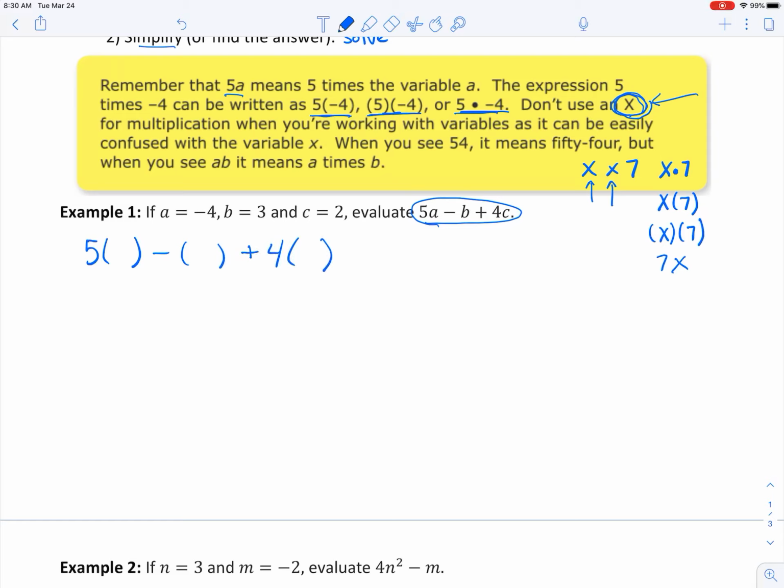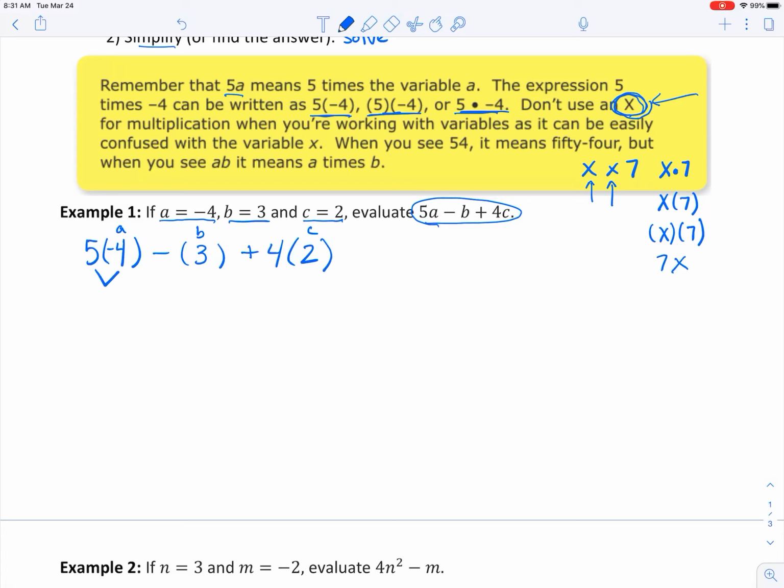So I put parentheses right here where there was an A, where there was a B, and where there was a C. Now I'm going to go back up and look right up here. A is -4, so I'm going to put -4 right where A was. B is 3, so that goes there. And C is 2, so that goes where the C was. Okay, and now I can actually do it.